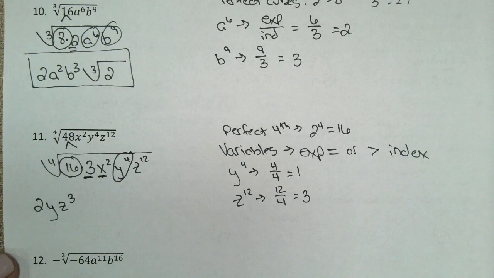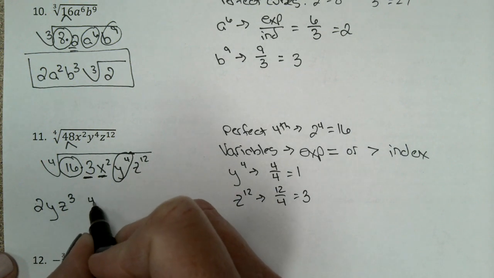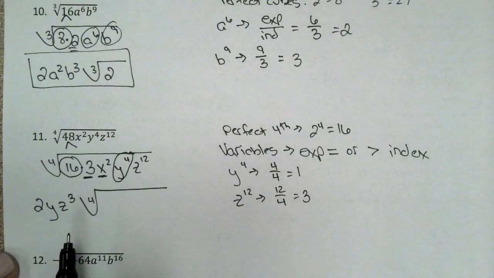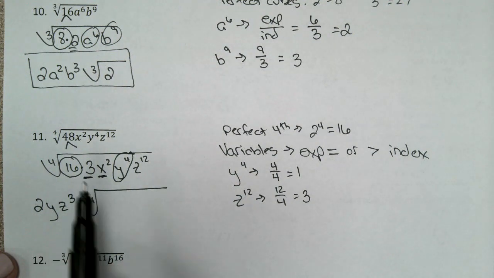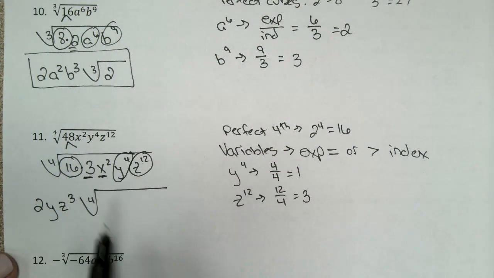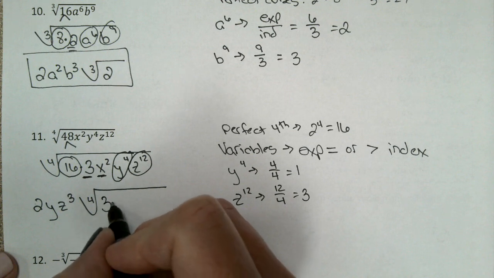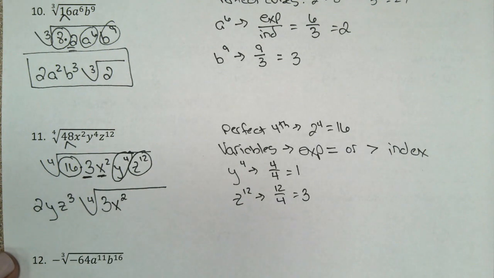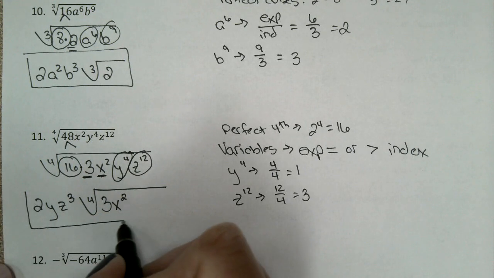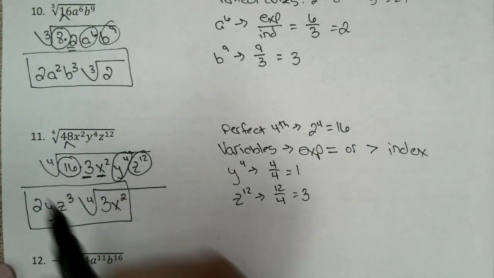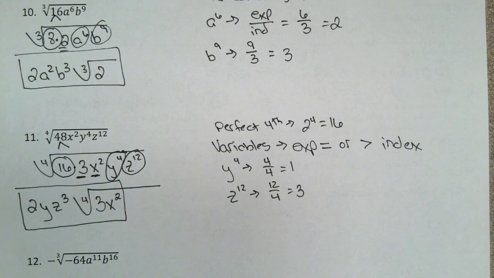So that means 3 z's can come out. All right, so then I circled that because that came out. I still have a 3 and an x squared left under the radical that I couldn't do anything with. And so that is now a fully simplified radical.